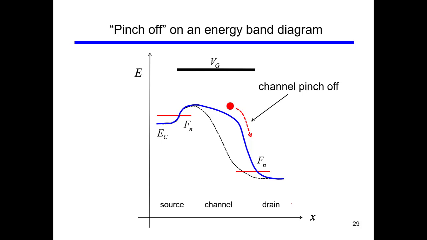So you see, this is the conduction band for the case when the drain voltage is very high. Okay, and we are in the pinch-off region. This is for long channel MOSFETs, and this is for short channel MOSFETs.